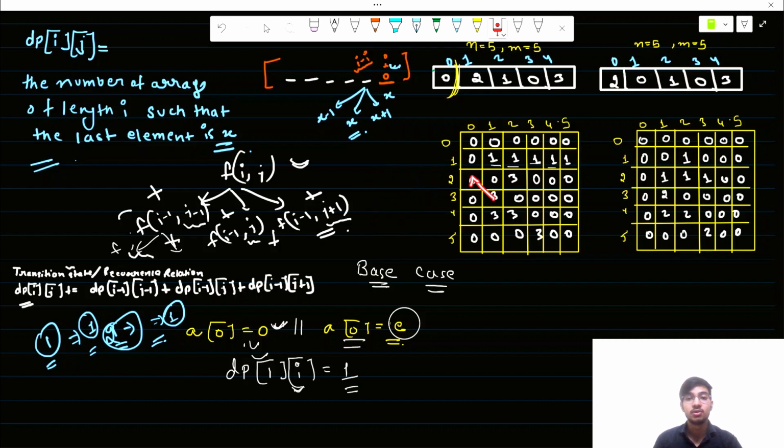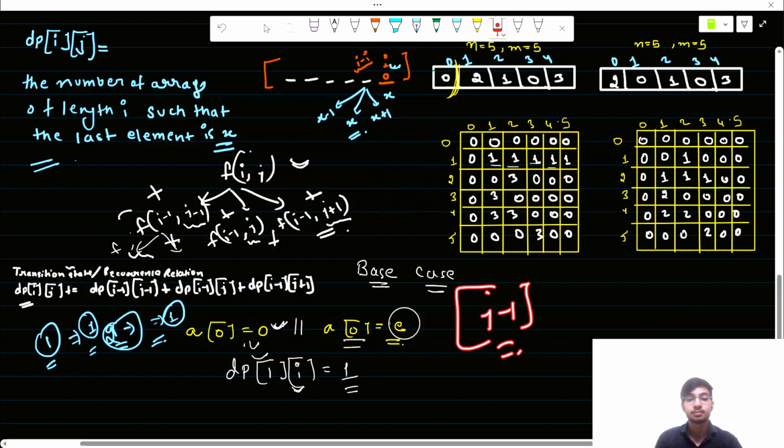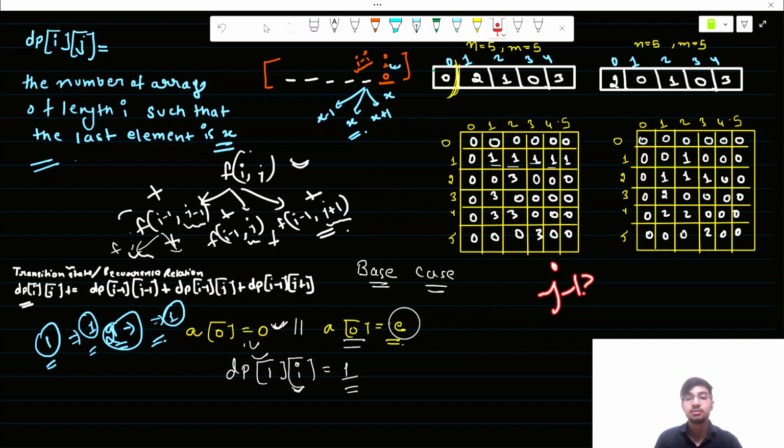Suppose you are at 5 and you are going to look at j plus 1, that is 6. This is not the case. So this is how you can fill your DP table.